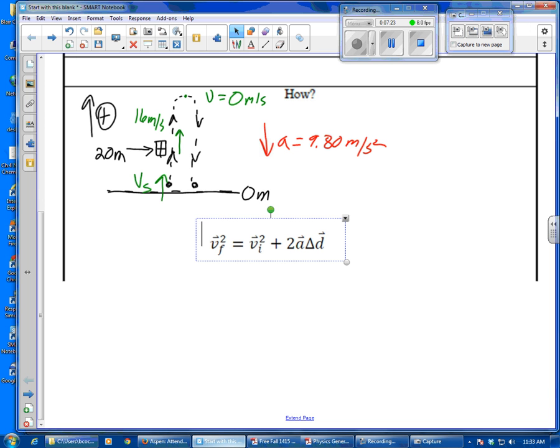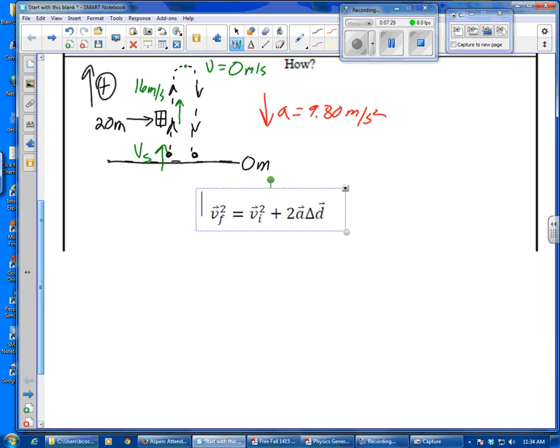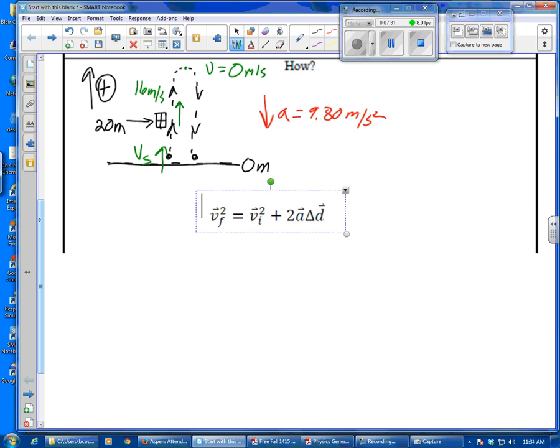So for part A, that's the velocity it had at the start. The V final, that's the final velocity of the part I'm looking at, when it reaches the window. So that's 16 meters per second, squared.